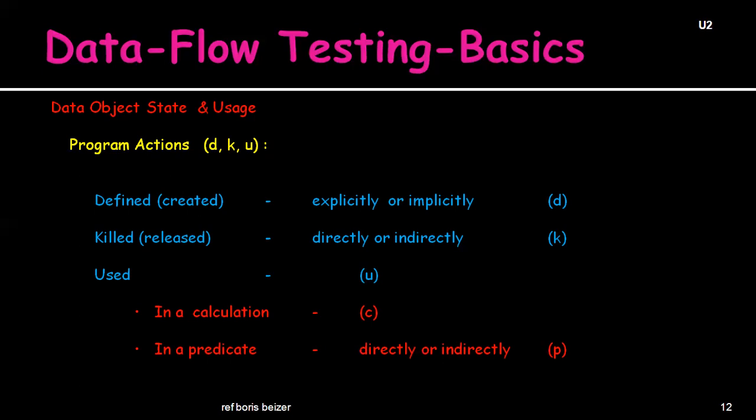Now whatever values we are using will be on the right side. We can also use them in a predicate, such as if z greater than 0, to evaluate the flow of control. Hence, we can say usage variables are used both in predicates and for computational purposes.